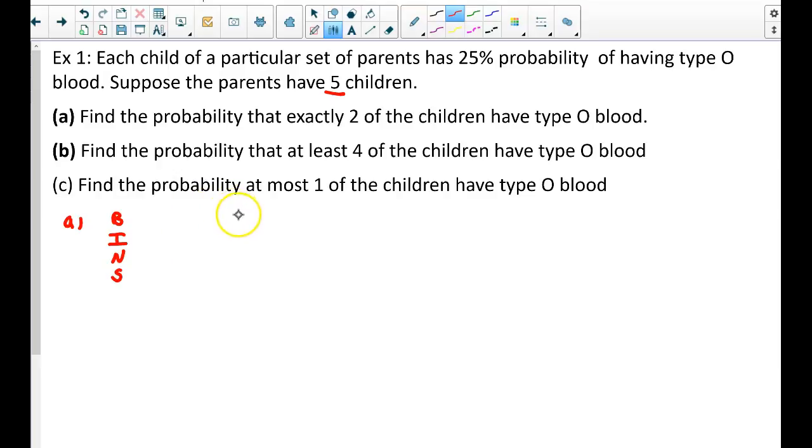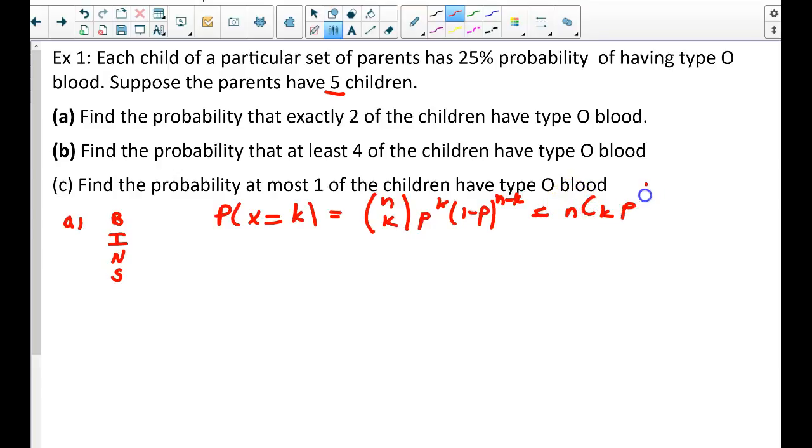So the formula is as follows. Or it could also be written as follows. And I tend to use the second way.